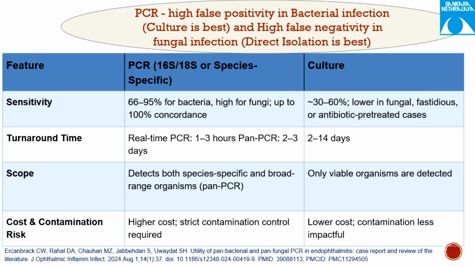Turnaround time is 1 to 3 hours for real time, and for pan fungal and pan bacterial, 2 to 3 days, though sir said 24 hours. Culture is 2 to 14 days. We observe till 14 days before declaring it negative. PCR can detect both species specific and broad range organisms, while culture detects only viable organisms. PCR has higher cost, while culture has lower cost and less contamination.